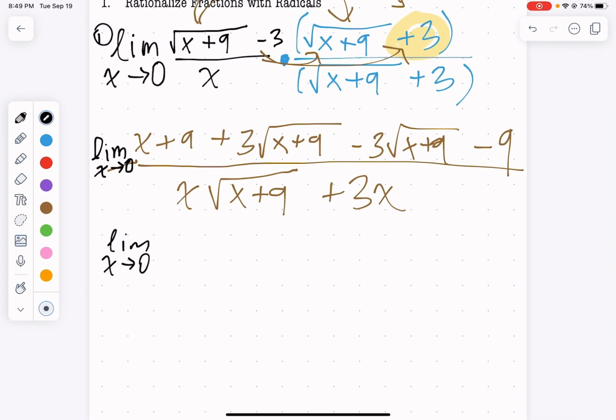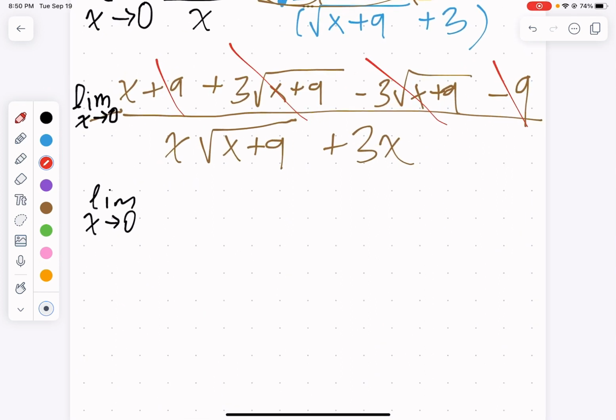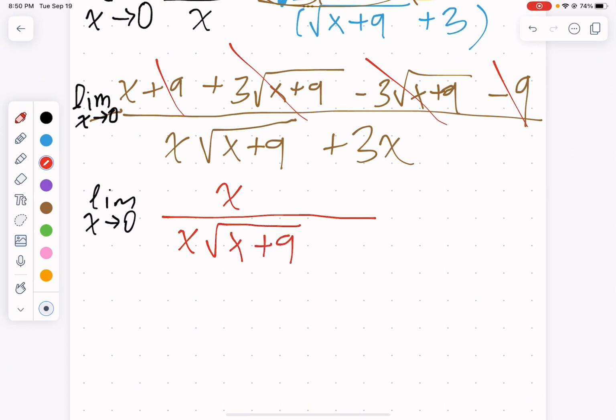All right, let's get a new color. Let's go ahead and use red. And of course, we're going to cancel out the terms that cancel out themselves. These beautiful things cancel, and we're going to be left with x over x times the square root of x plus 9 plus 3x, which is great.